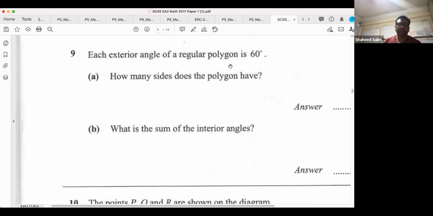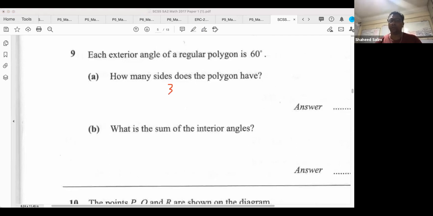You get the number of sides. Well done, Inshi. Just take 360 divided by 60 degrees. So the working is very easy. Well done, 6.